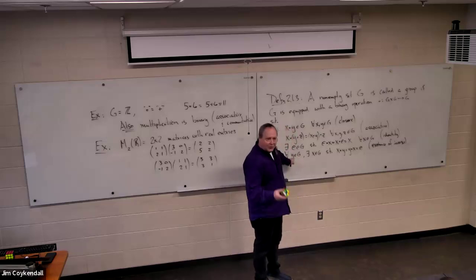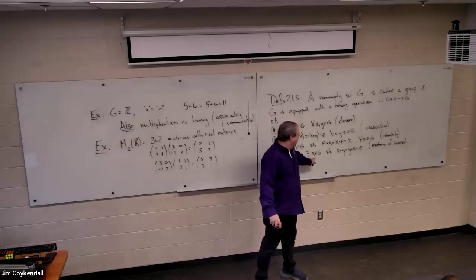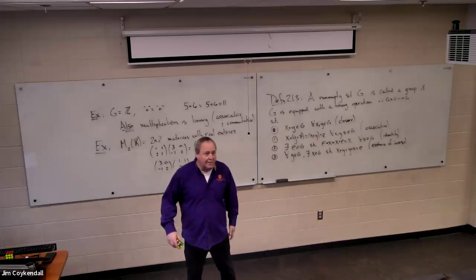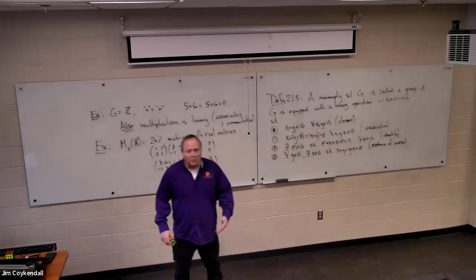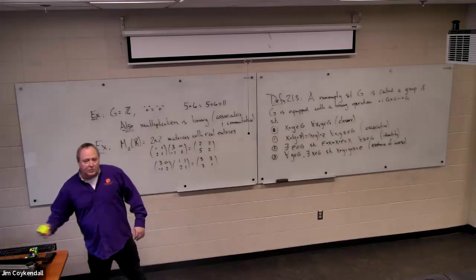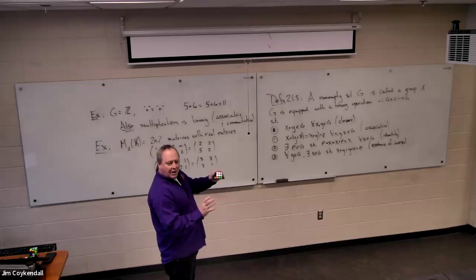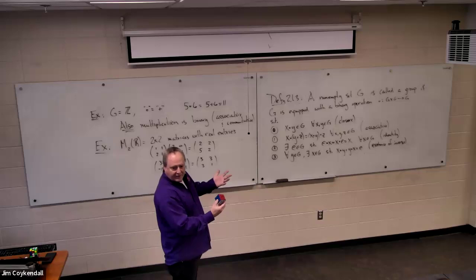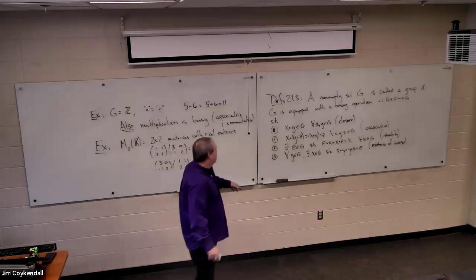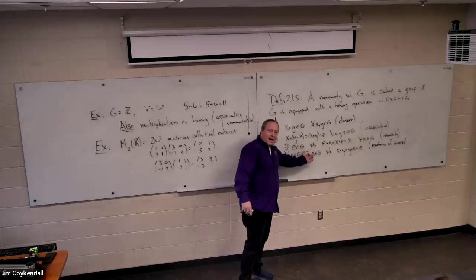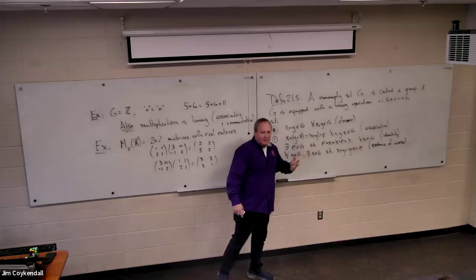Given any Y, that's the scramble that I did on the group on this, you can find some X that puts it back to its original state. By the way, can anybody tell me how to do it? What I could do? One of the things that you could do is you could keep a Rubik's Cube diary, turn this, and this. To undo it, just do everything you did in reverse in the opposite order, right? And that's what you'll get back to it. So if I kept a Rubik's Cube diary for that mess that I made, which I didn't, just running it backwards in reverse will get me back where I started. I agree with that.